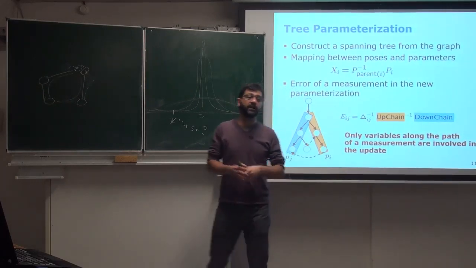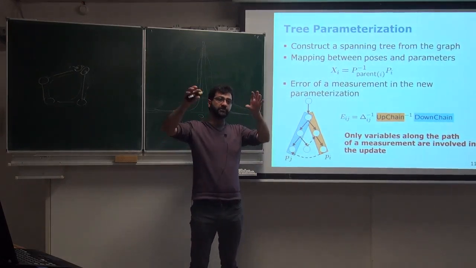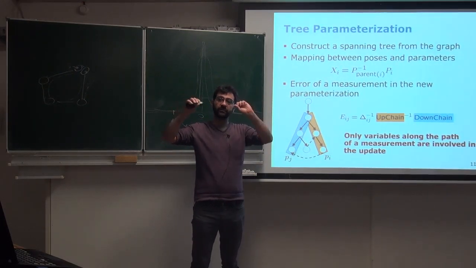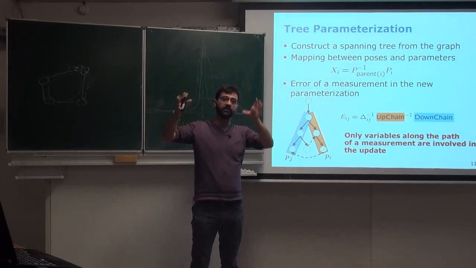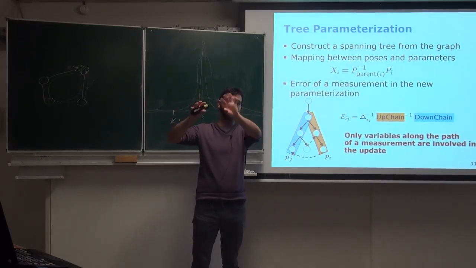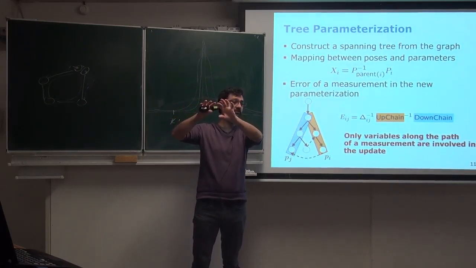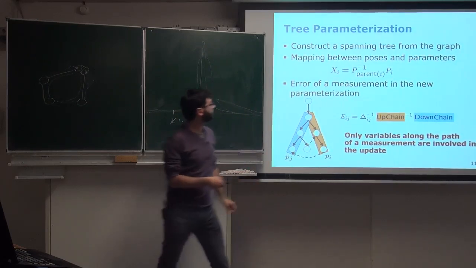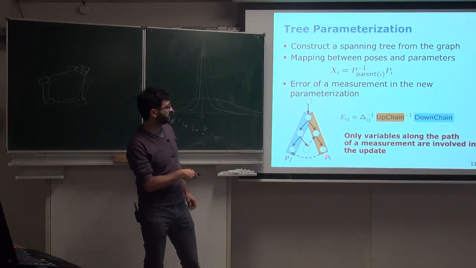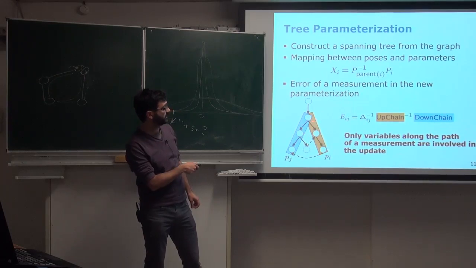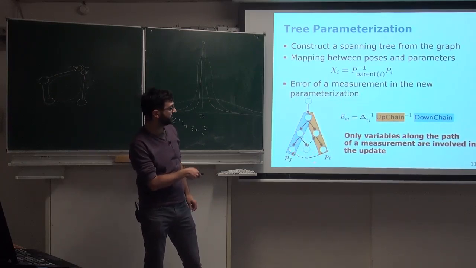So you have these two transformations in homogeneous coordinates, and you really take the equivalent of minus in that group, which is the inversion of one and the multiplication. And you can see that there is this tree, there is an up chain from here, there is a low chain, and there is a measurement in here.